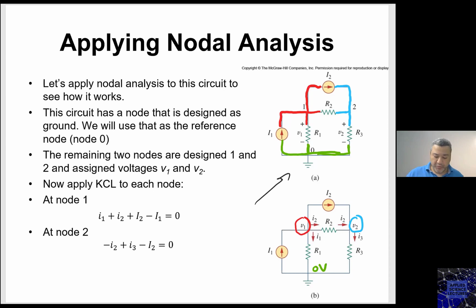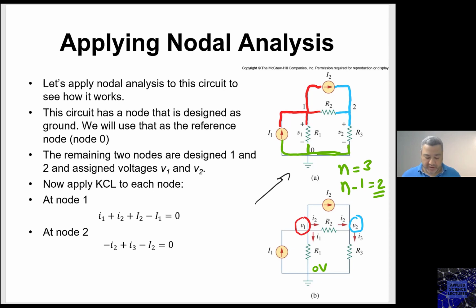Okay. So this is basically how we pick the nodes and how we assign the node voltages on them. And as you can see here, the number of nodes is n equals 3. So the number of useful equations would be n minus 1, which is two equations.